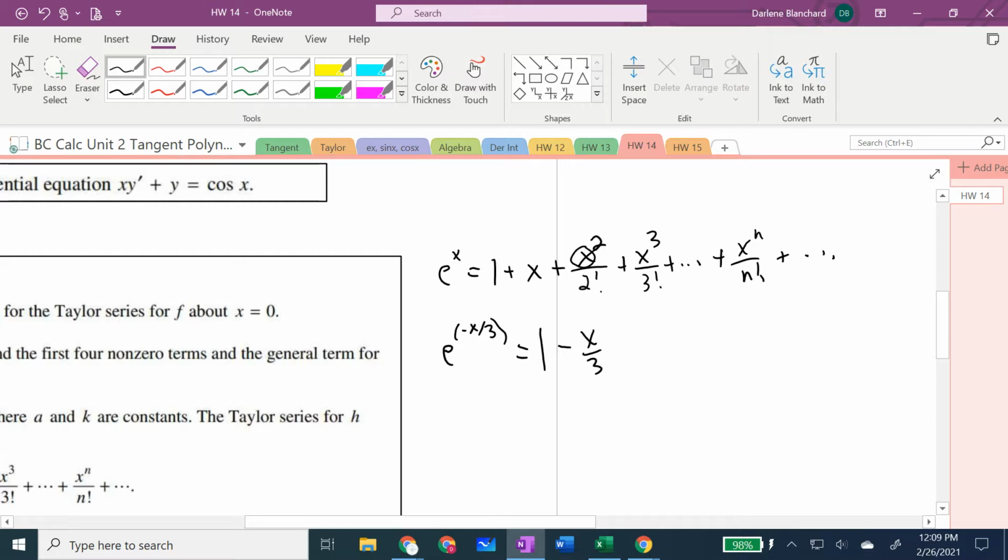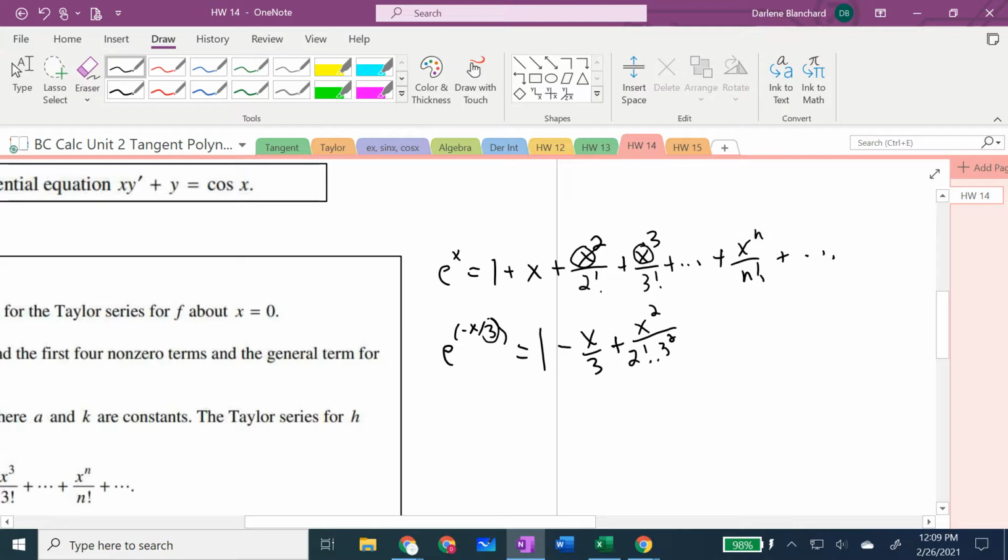Substituting this into the squared and simplifying while I'm at it. The negative sign squared becomes positive. The divided by 3 squared goes in the denominator with the 3 factorial. And then when I plug, oh, hold on, I looked at the wrong one. We're at 2 factorial.